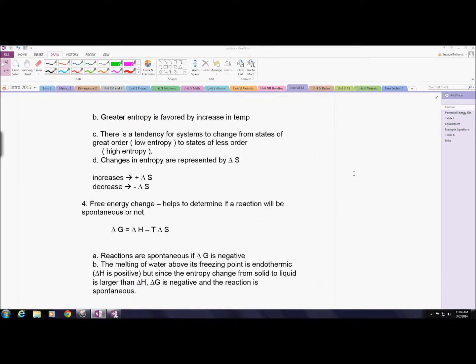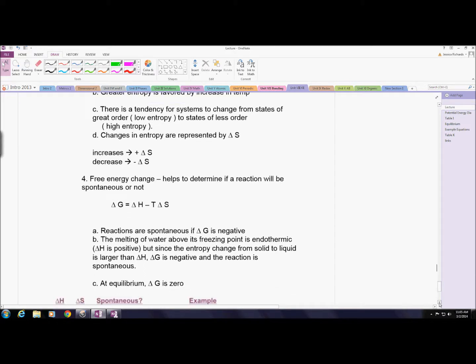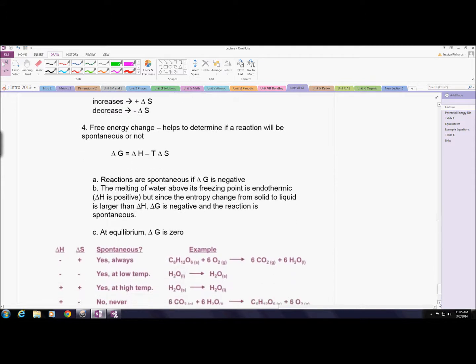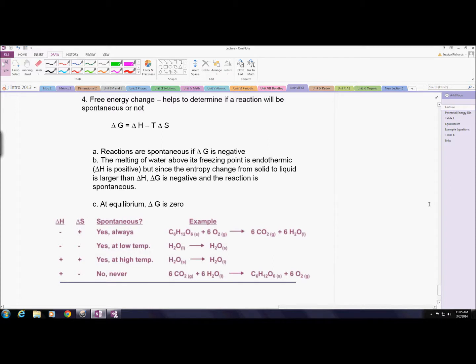We can combine our ideas of enthalpy, having a negative delta H or exothermic being favored, and entropy, having a positive delta S being favored, into deciding whether your reaction is spontaneous or not with something called free energy. And it's called Gibbs free energy, so they use a delta G to talk about the change in the free energy of a system.